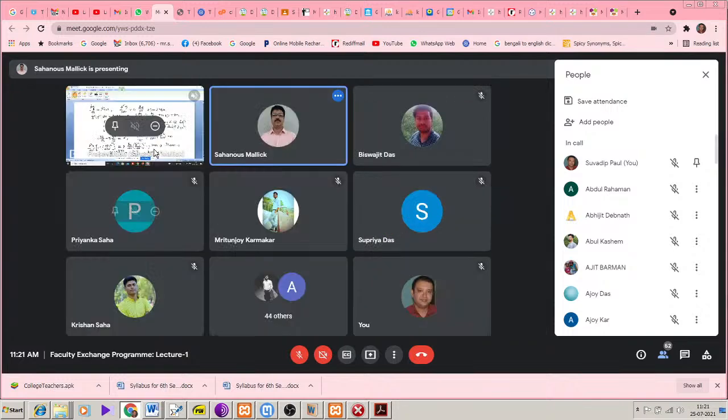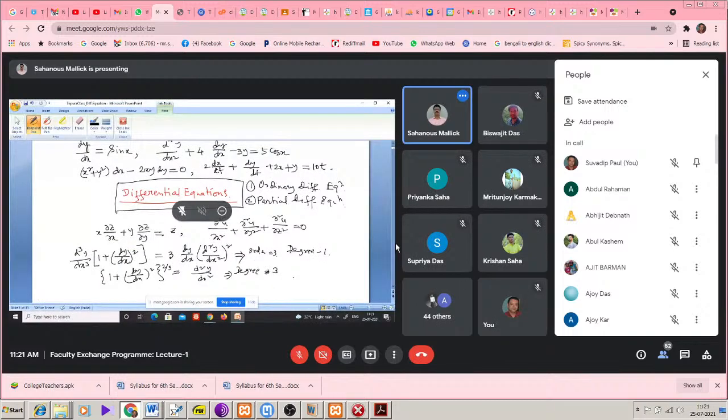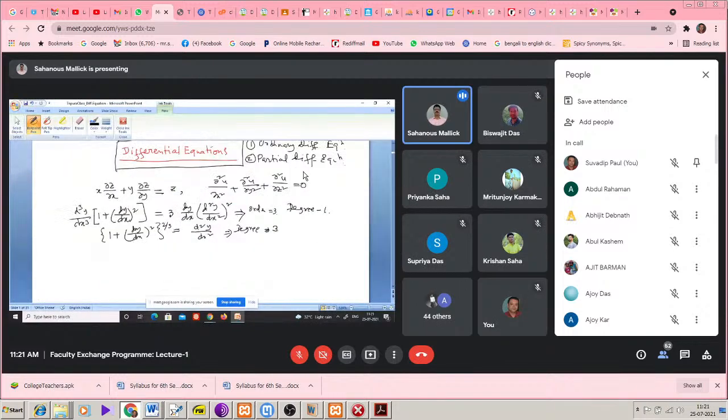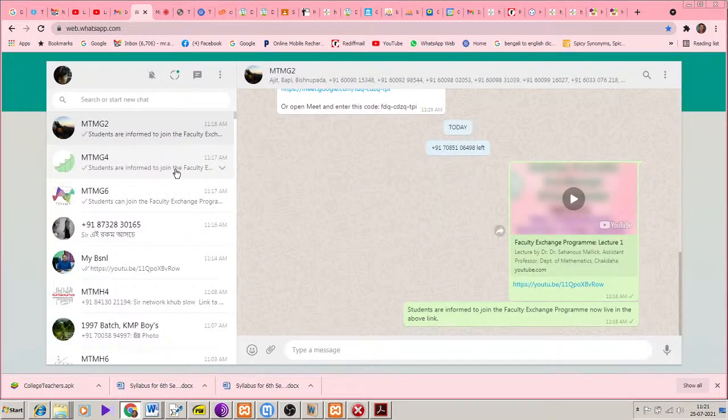For example, first I write a differential equation, e^(dy/dx) = x³. So this equation implies dy/dx = ... x + 3.